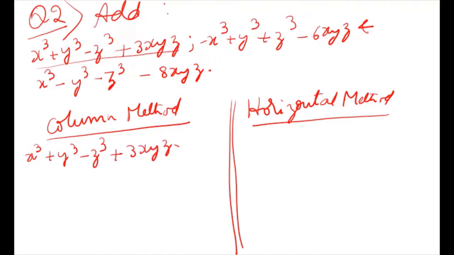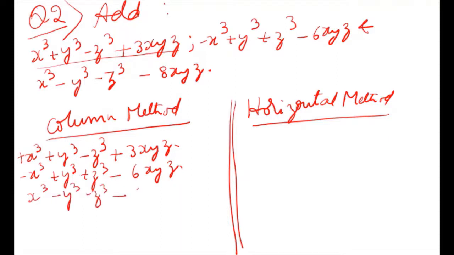Now in the second expression we write similar terms below the similar ones. So minus x cube, when there is no sign it is understood as plus. Okay, then we have plus y cube, then we have plus z cube minus 6xyz. Now in the third expression again we have x cube minus y cube minus z cube minus 8xyz.